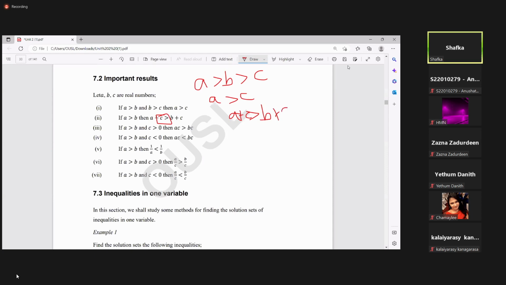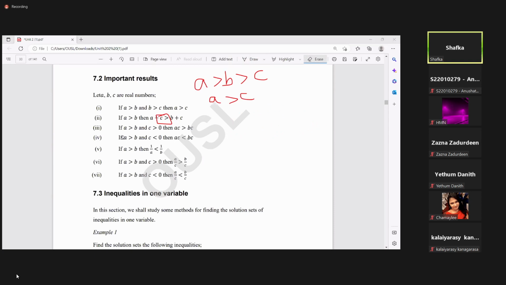Can you remember solving equations? If we have Ax plus 5 equals 2 or something, you can add the same quantity to both sides in order to keep the sign the same. Likewise here also, if you are adding the same quantity to both sides, the sign won't change.